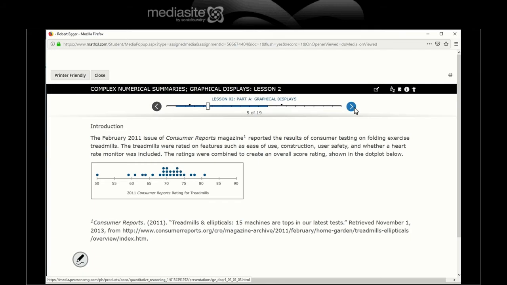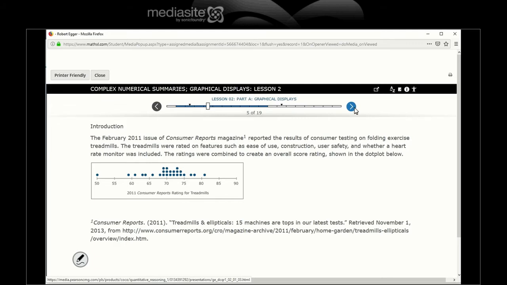Basically, what is this a plot of? Let's read the heading. February 2011, Consumer Reports. It plots the results of consumer testing on folding exercise treadmills. Treadmills were rated on various features. Readings were combined to create an overall score rating, shown in the dot plot below.